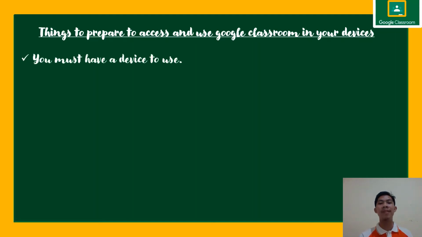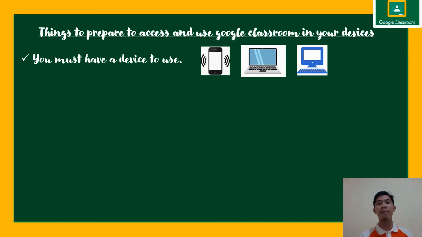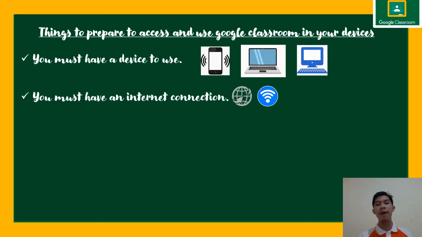First is that you must have a device to use. It could be your cell phone, your laptop, your desktop, or any other devices that can access the internet. And also, you must have an internet connection. It could be any network, your Wi-Fi, or your mobile data.